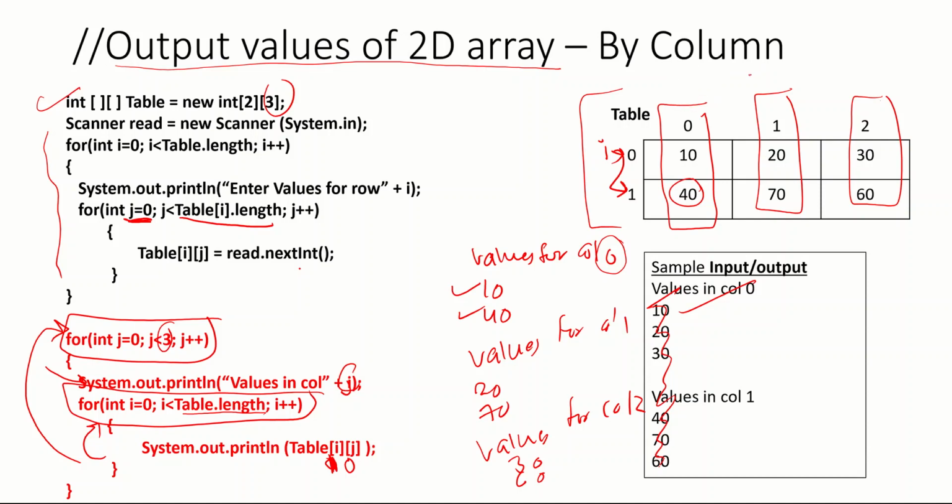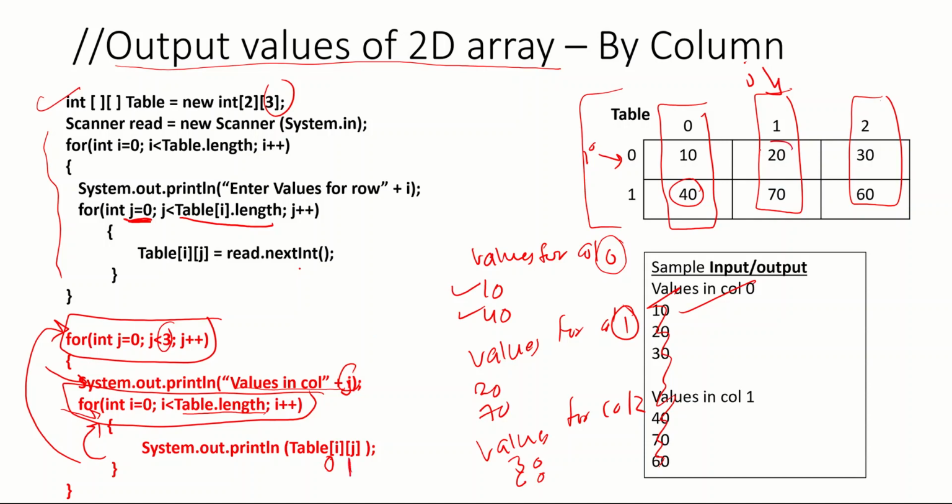So J should be pointing to column 1. And we will start I with fresh values. But first we have to output values in column J, which is column 1. And then for each I from 0, we have to do the output. So I will start from 0 as well. The element we need is row 0, which is I, and column J, which is 1.